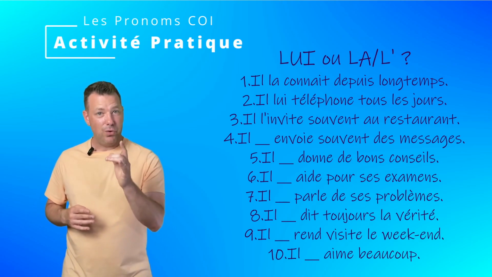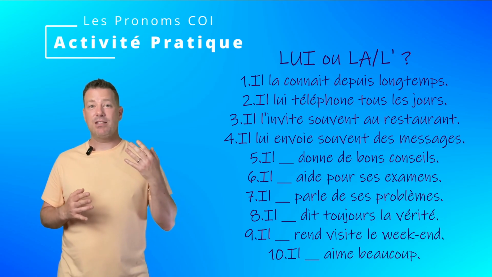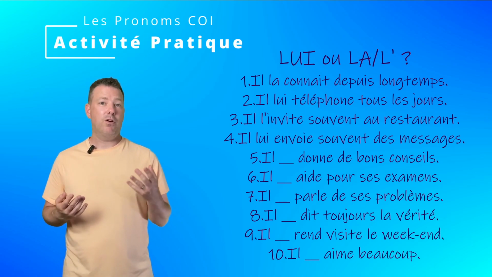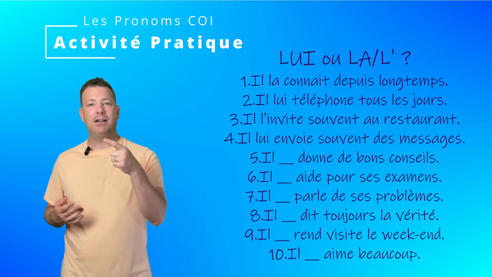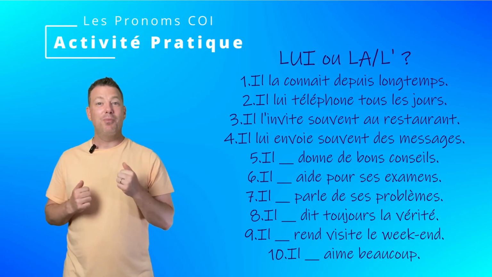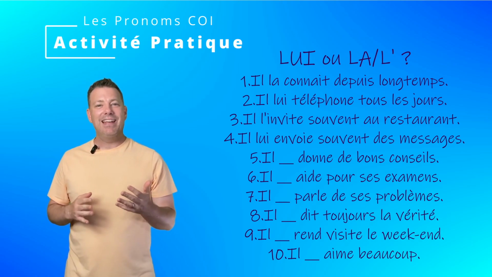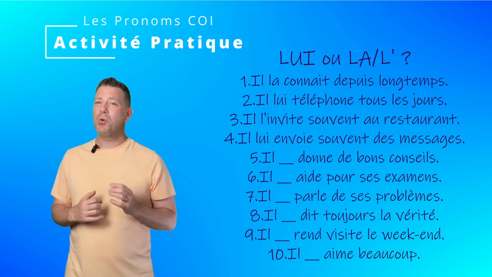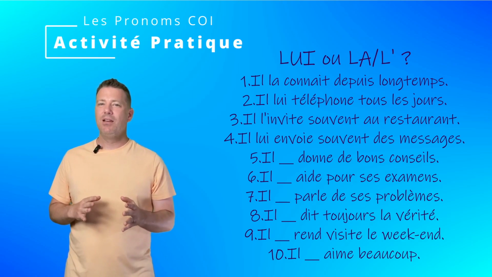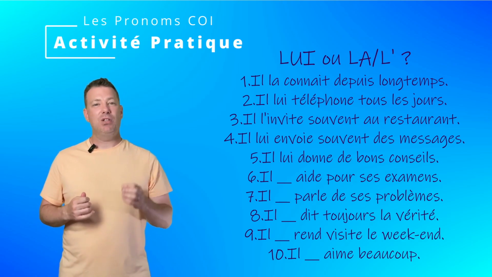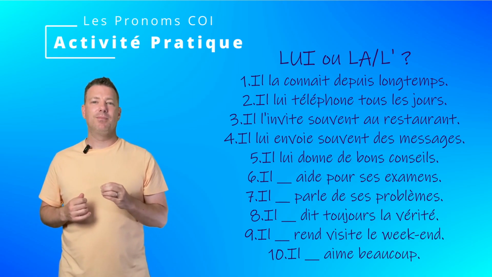Il lui envoie, très bien. So here it's going to be indirect because the verb is envoyer à quelqu'un. Numéro 5, il donne de bons conseils. Il lui donne, très bien, donner à quelqu'un.